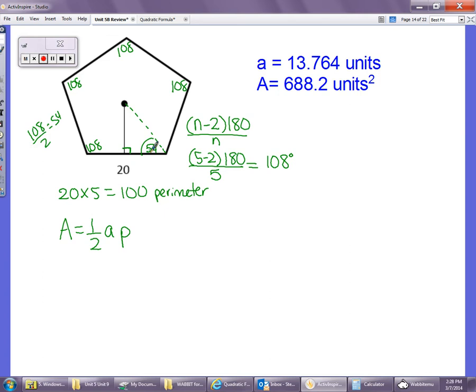So that goes there. So I know I'm looking for the apothem. I call that x. And then I need this side to help me. So that side's going to be 10 because it's half of 20. Now I'm going to use SOHCAHTOA. I have to use SOHCAHTOA because it's not a 30, 60, 90 triangle. So I have opposite over adjacent, that's tangent.